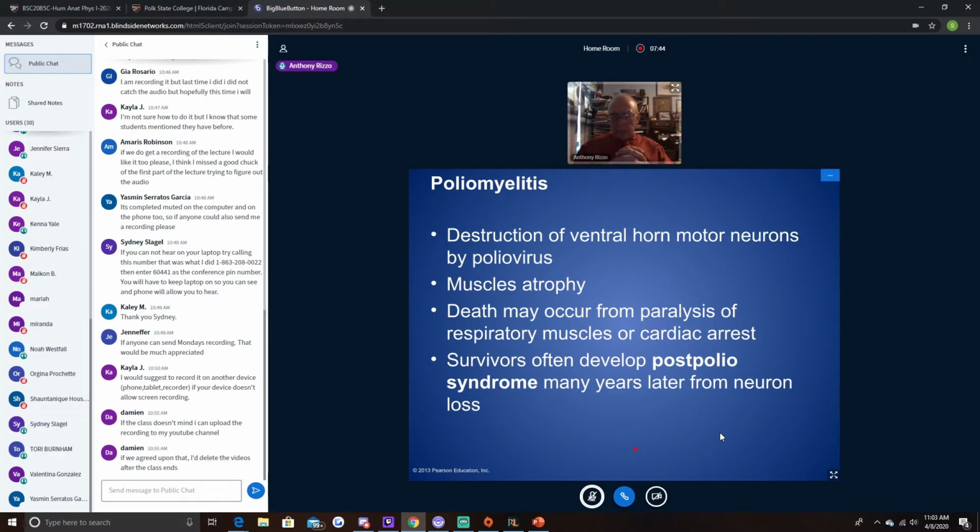Unfortunately, in northern Nigeria, there were a group of imams who believed that the polio vaccine was a plot from the Western world to give the children of northern Nigeria HIV, to give them AIDS.